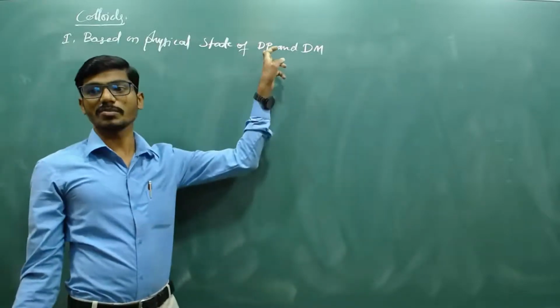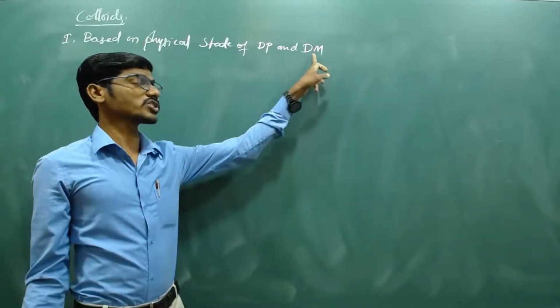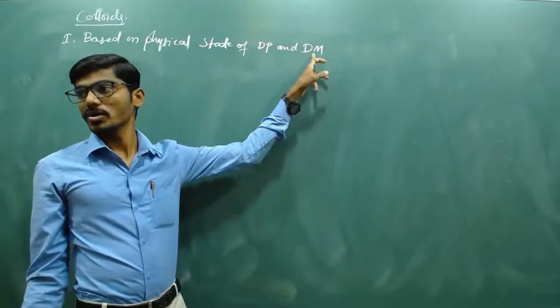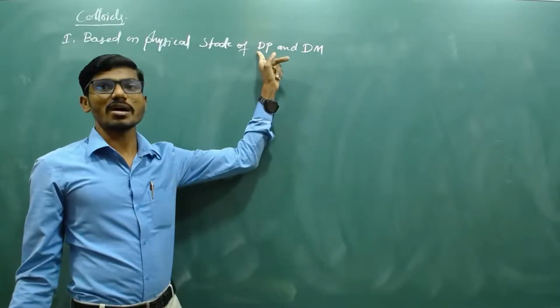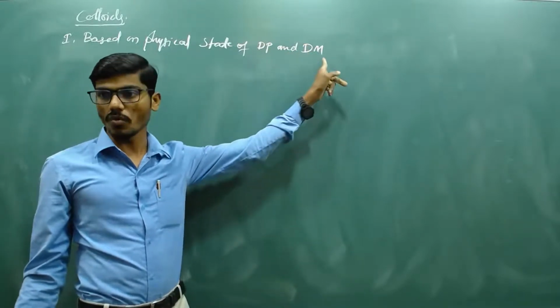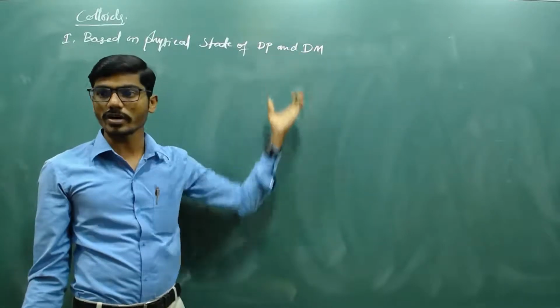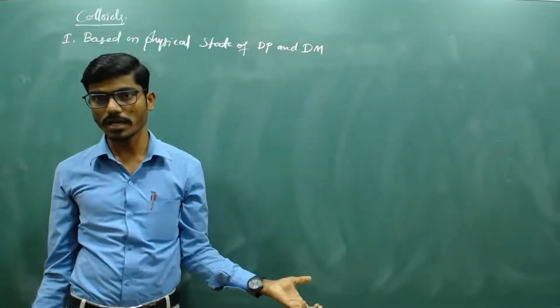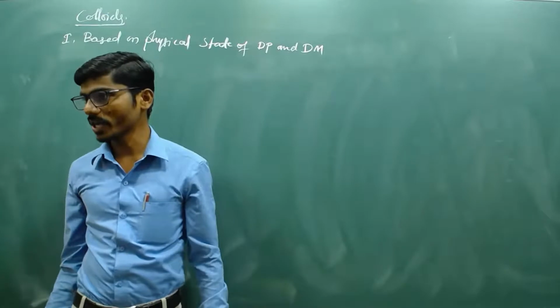Dispersed phase is nothing but solute, and dispersion medium is solvent. So what is the physical state of solute and solvent? Based upon that, we are going to classify the colloidal solution into 8 types.